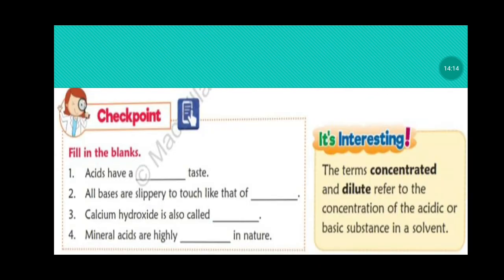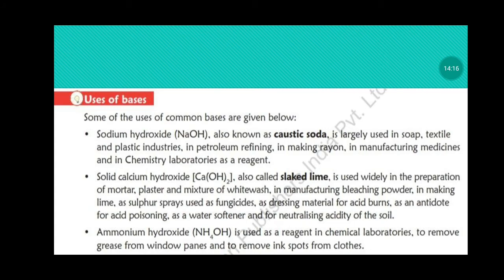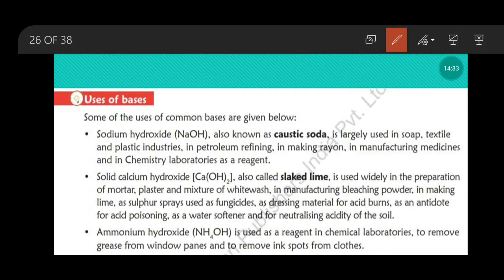So let us come to the bases, some of the uses of bases. Here you see that sodium hydroxide is used as caustic soda, calcium hydroxide is used as slaked lime, and ammonium hydroxide is used as a reagent in chemical laboratories. Note down these points: sodium hydroxide, caustic soda, is largely used in soap. Sometimes I will ask you which base is present in soap, so you can say that it is sodium hydroxide.